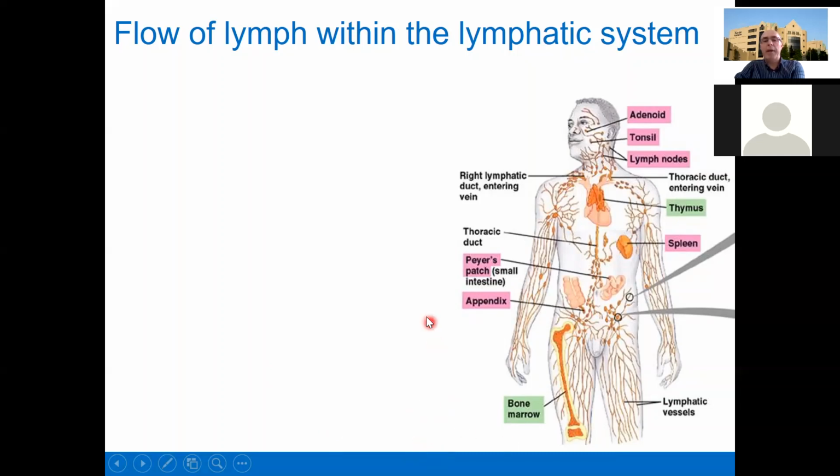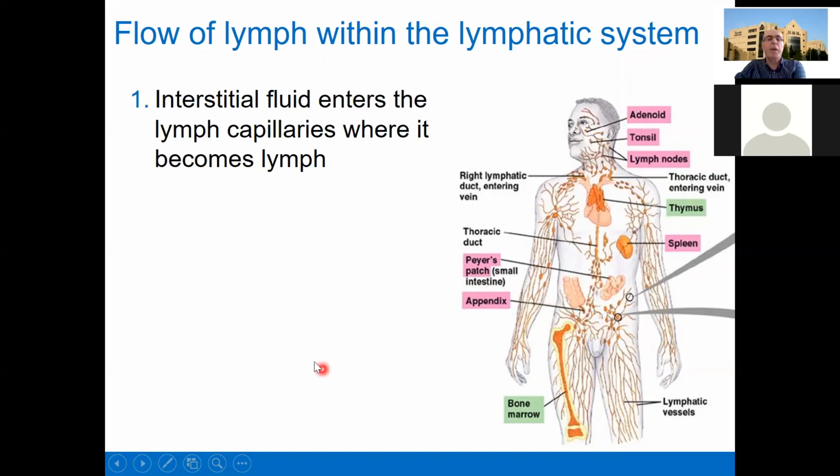Also there are different kinds of lymphatic nodes and tissues, as I said: spleen, thymus, tonsils, adenoids, and lymph nodes. They are rich in lymphatic tissue and lymphocytes.